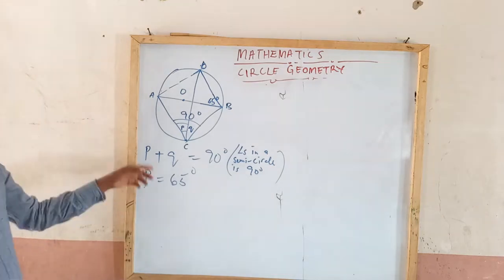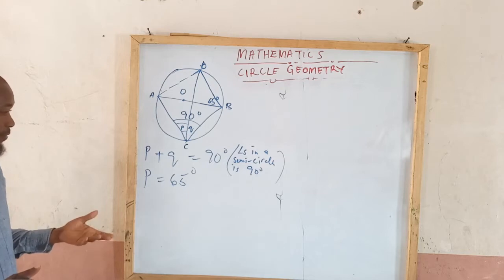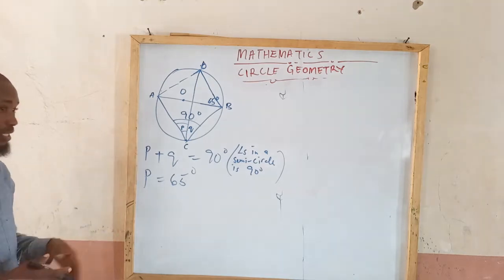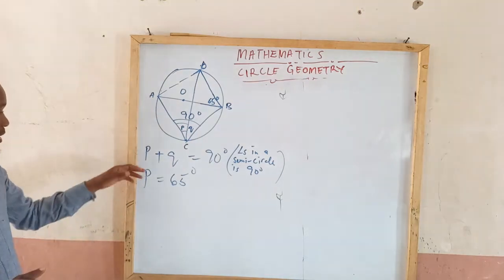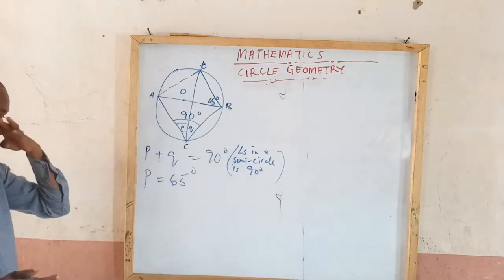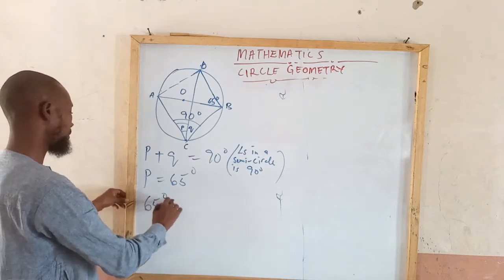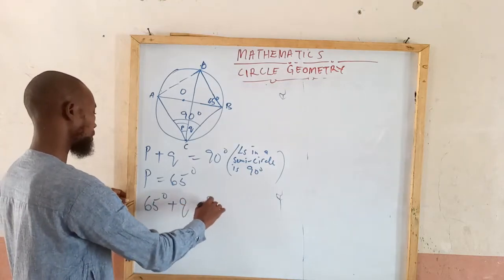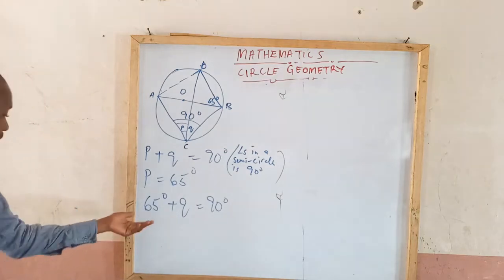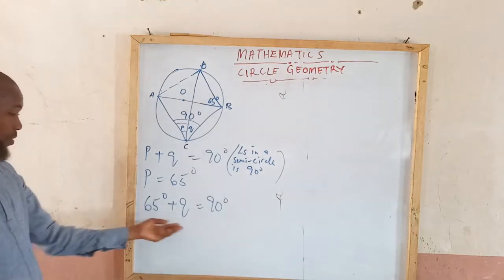But remember, once P is known, then automatically we've gotten the value of Q indirectly. So what we will do in this situation is to substitute the value of 65 degree into the expression which I have above, that is 65 degree plus Q is equal to 90 degree. So Q in this wise is going to be obtained by collecting the like terms.